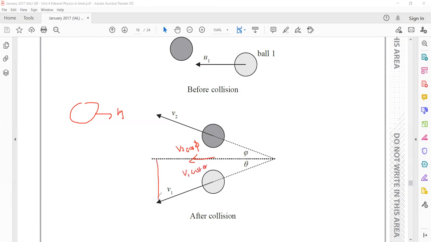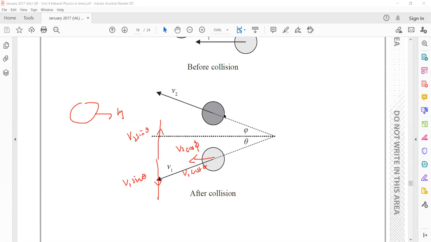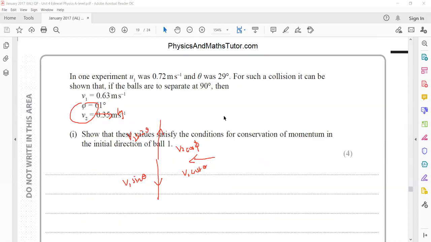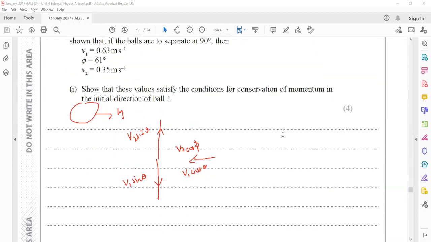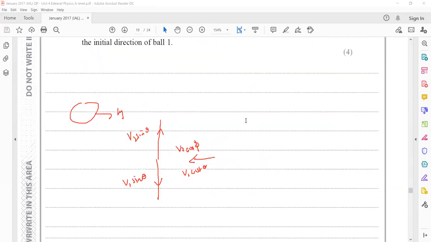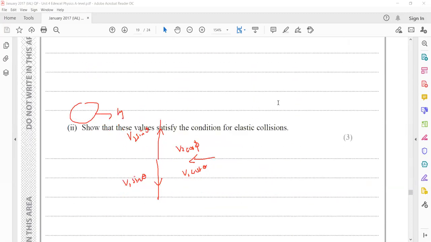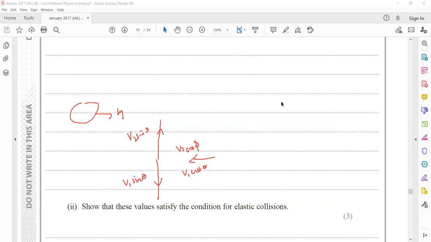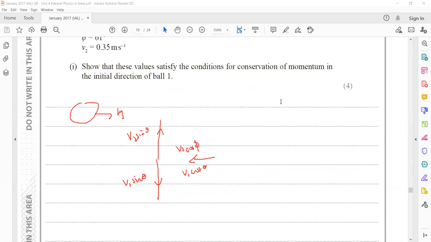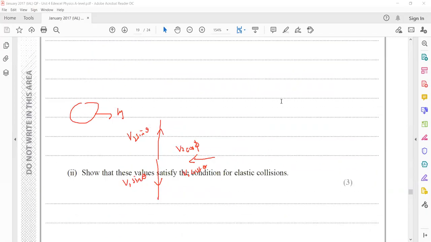And perpendicular to it, this will be v1 sin theta and this will be v2 sin phi. All the values are given, the mass and the final velocities. Simply substitute and show that the momentum before equals the momentum after collision. Is it clear? Yeah.